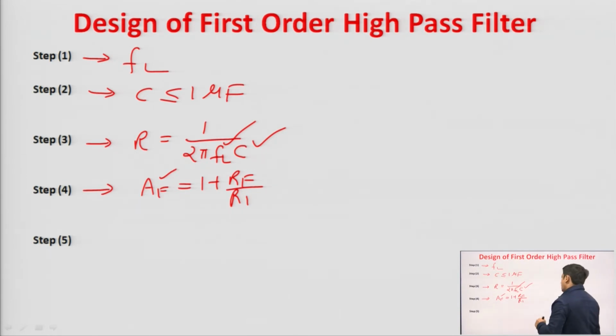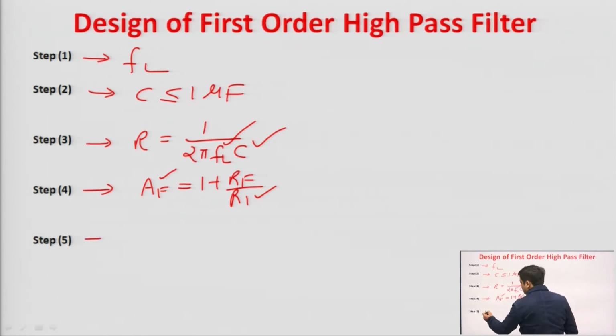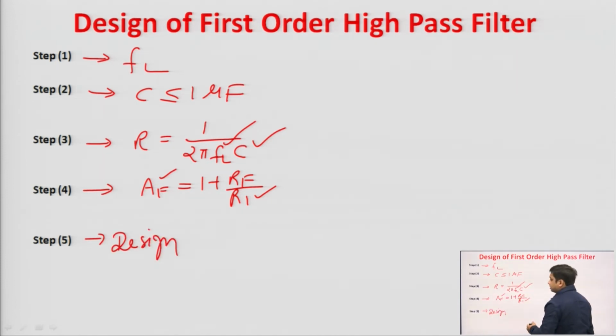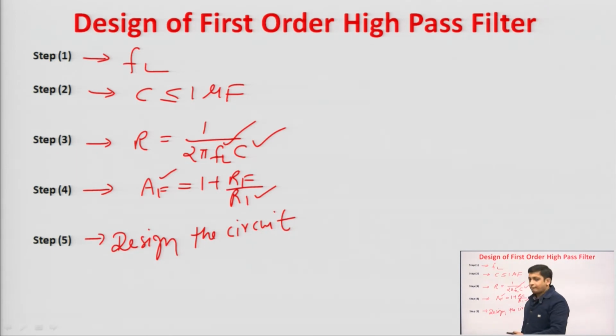Then we consider some value of R1, normally less than 100 kilo ohm, and with the help of this R1 and AF we can calculate the value of RF. And lastly, we need to design the first order high pass filter and mention all the values of the components which we have found out from step 1 to step 4.